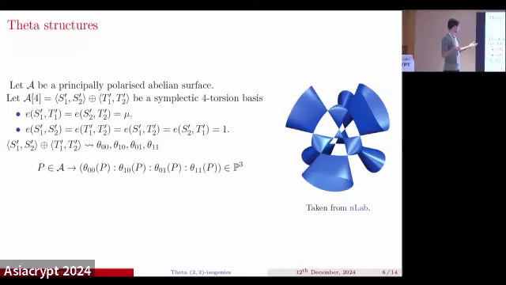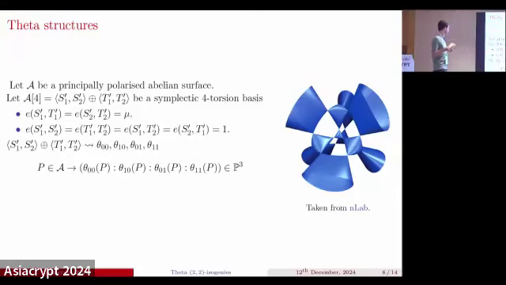What I'm trying to say is that in this paper, we just fix this ordering, but if you pick another ordering, you will obtain formulae which basically look the same. These functions map from the principally polarized abelian surface onto P3.